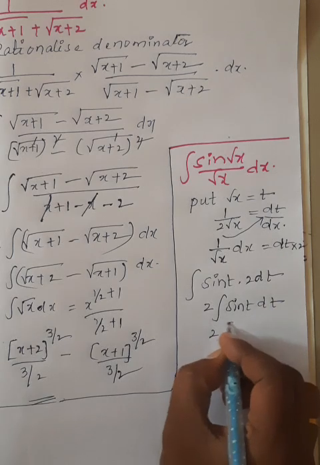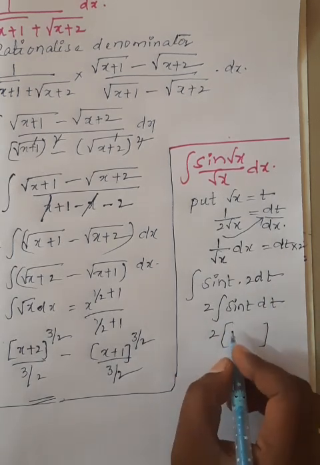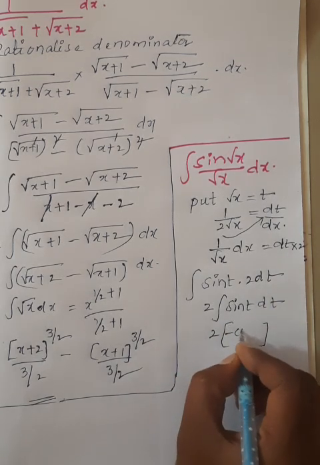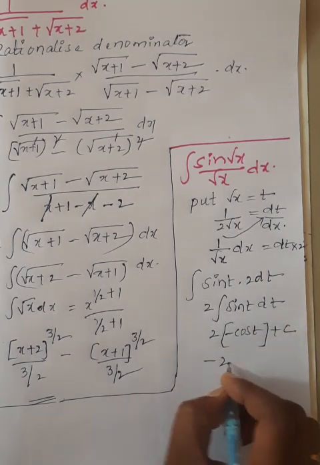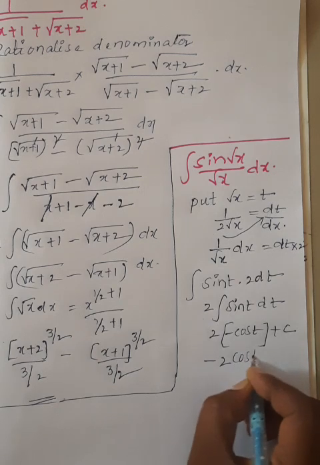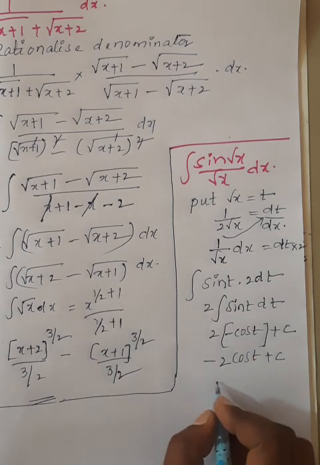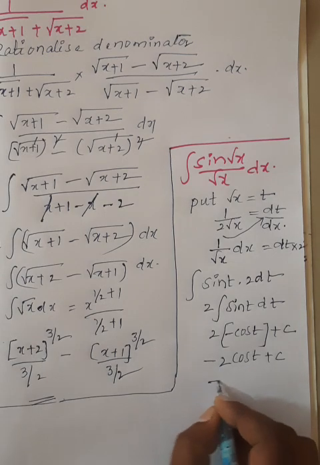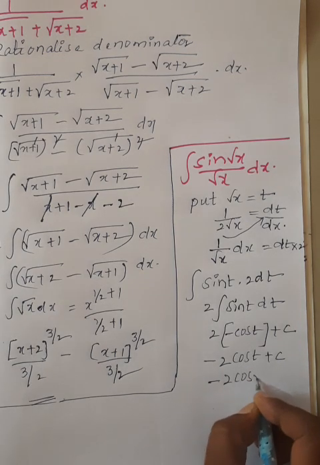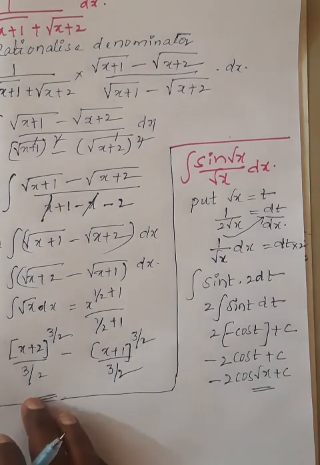Integration of sin is minus cos, so minus cos t plus c. So minus 2 cos t plus c. Then we have to replace t with root x. So minus 2 cos root x plus c, which is our final answer for the given question.